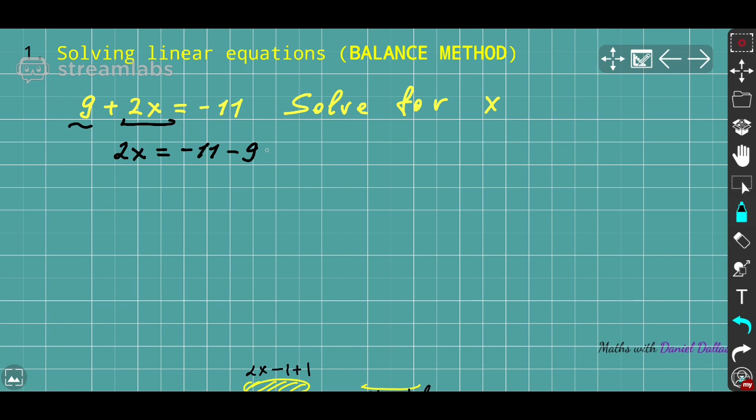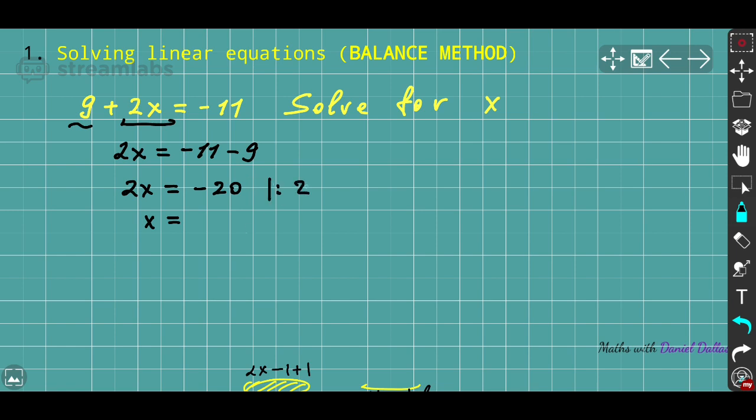So what are you going to do? You just need to simplify the right side. You'll have 2x, and on the right side, you'll have -11 and -9. In total, you'll have -20. From where you can solve for x simply by dividing both sides by 2.